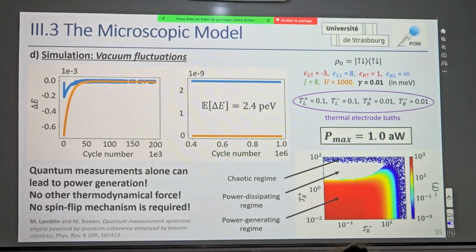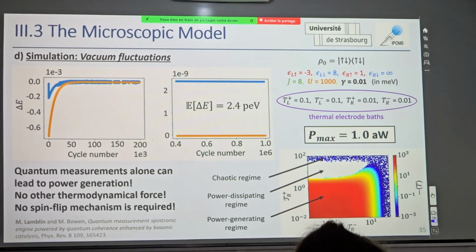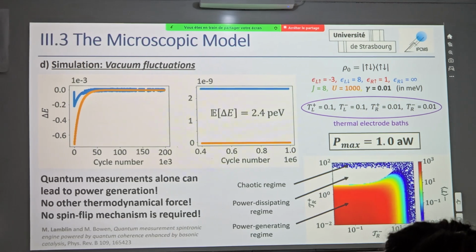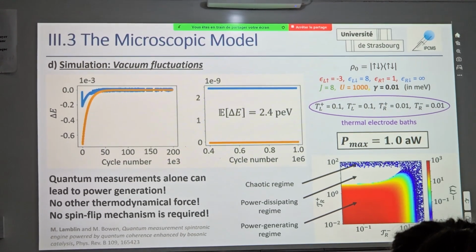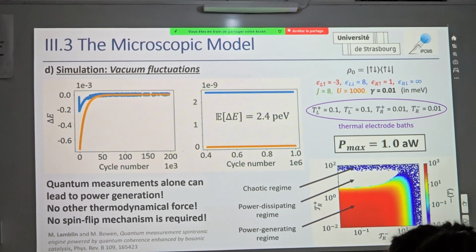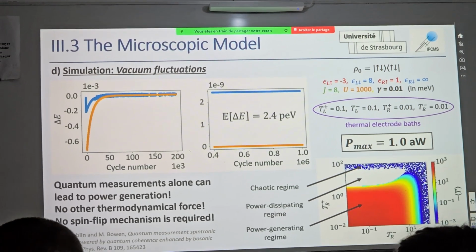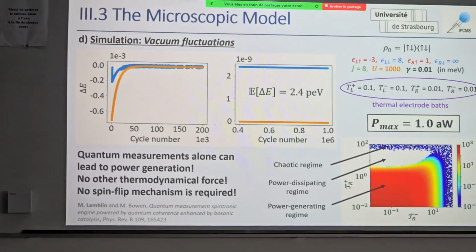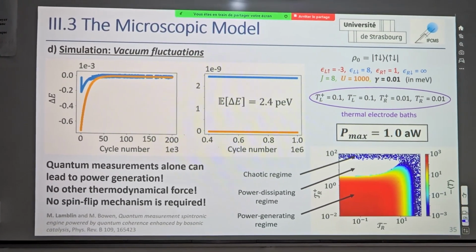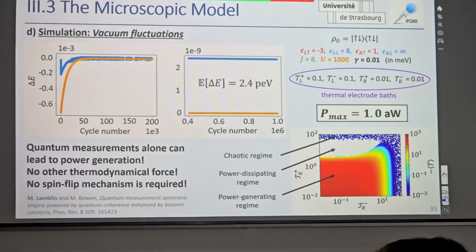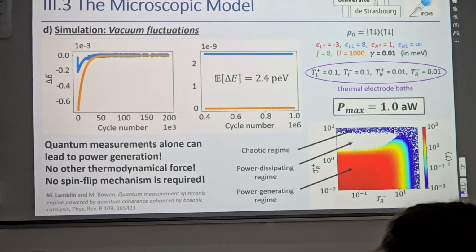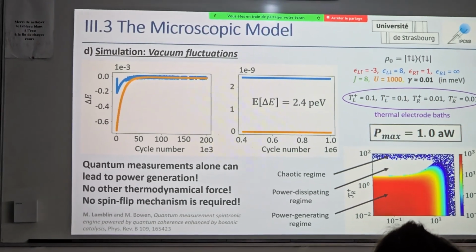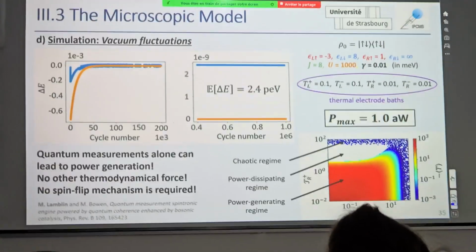I first showed that the energy could be generated even without a bosonic bath and with completely thermal parameters, such that the measurement alone is the source of the energy. So this is realizing some kind of vacuum fluctuations in a way. The problem is that the power was too low to explain the results.